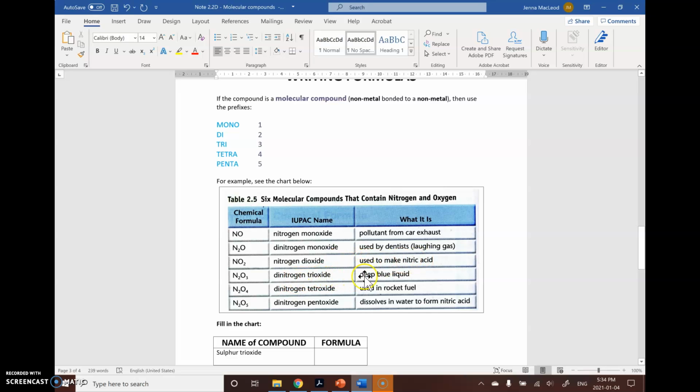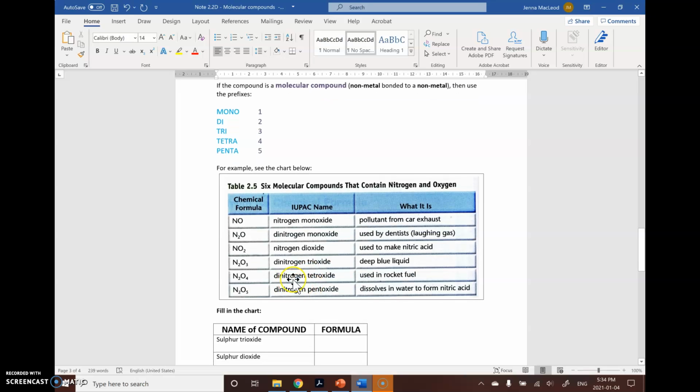Dinitrogen trioxide is a deep blue liquid. Dinitrogen tetroxide is used in rocket fuel, and dinitrogen pentoxide dissolves in water. You can see here, pent, there's no A here. You don't have to put the A if there's an O there, and that's the only difference. I'm not going to take a mark off if you have the A there.